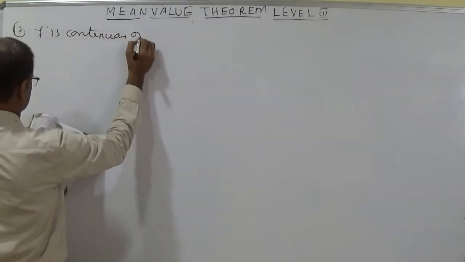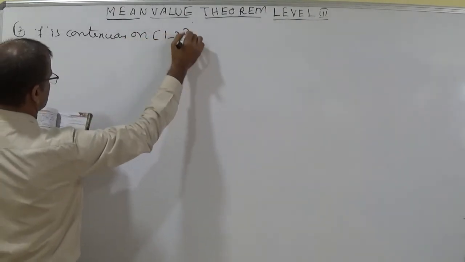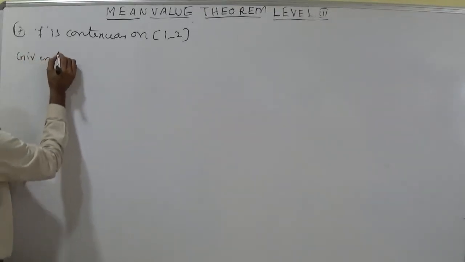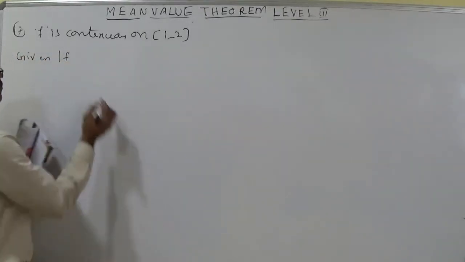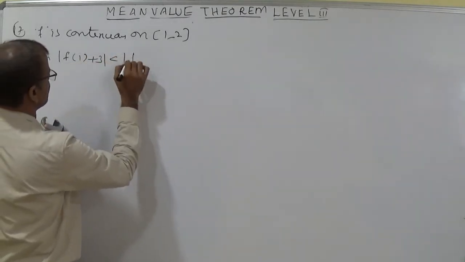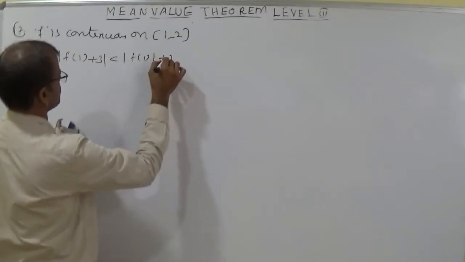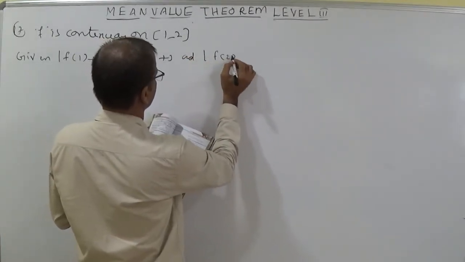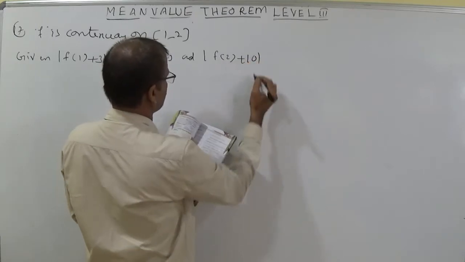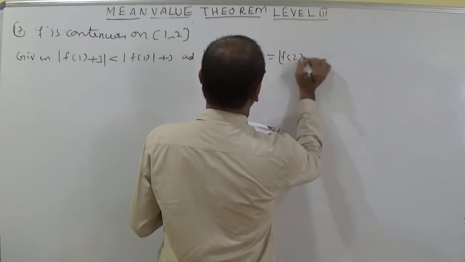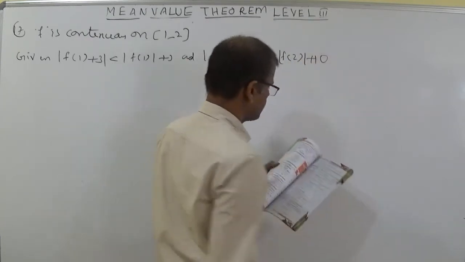f is continuous on the closed interval 1 comma 2, such that modulus of f of 1 plus 3 is less than modulus of f of 1 plus 3 separately, and another condition is also given: modulus of f of 2 plus 1, whole modulus, is equal to modulus f of 2 plus 10.